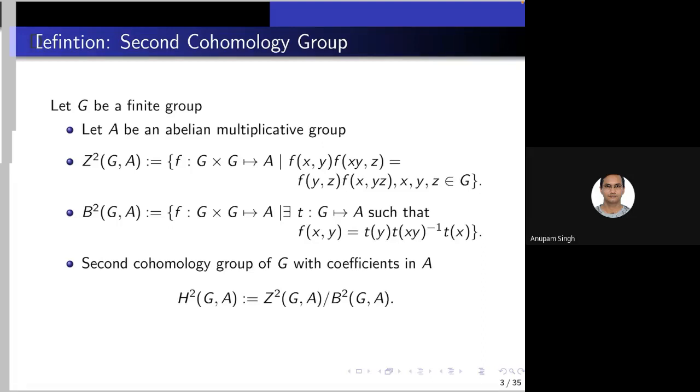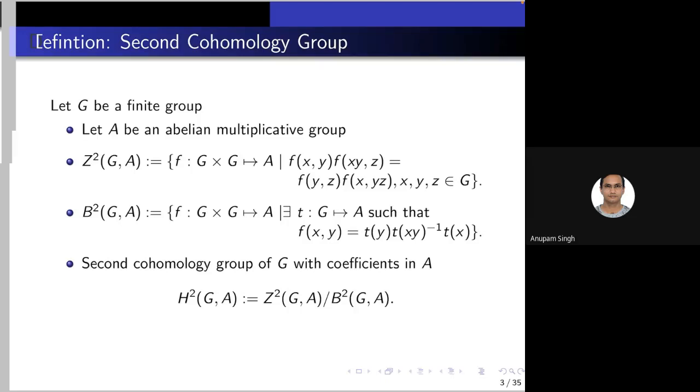Take the set of all functions f from G cross G to A such that f(xy, z) f(x, y) equals f(x, yz) f(y, z) for all x, y, z in G. Such functions are called two cocycles, and let us denote this set as Z2(G, A).